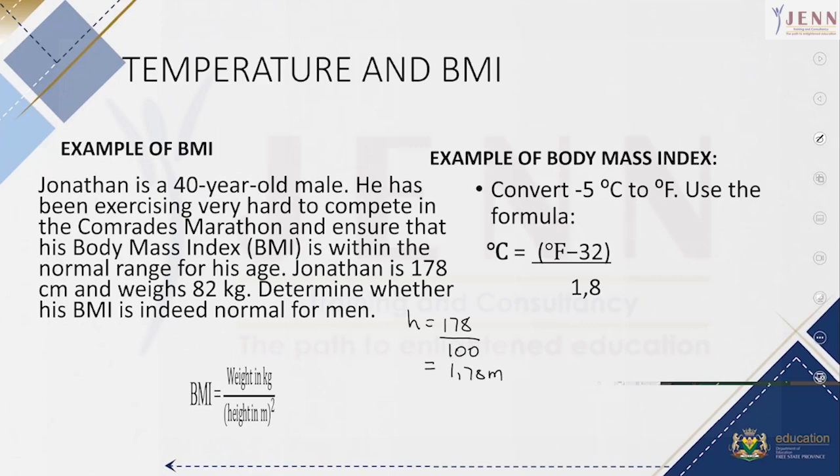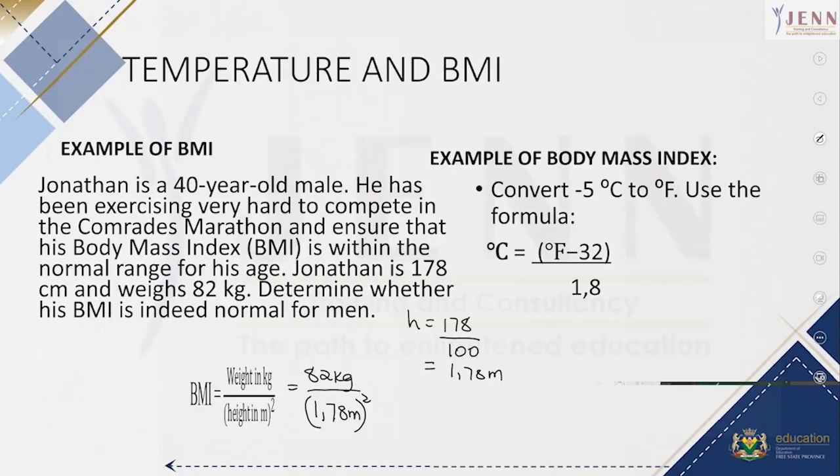From there, we are going to substitute into the formula. BMI is equal to weight in kilograms. His weight is 82 kilograms and the height is 1,78 meters. Don't forget to square that height.